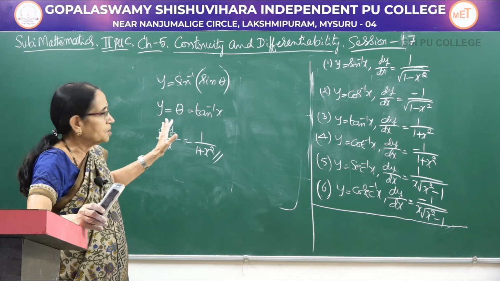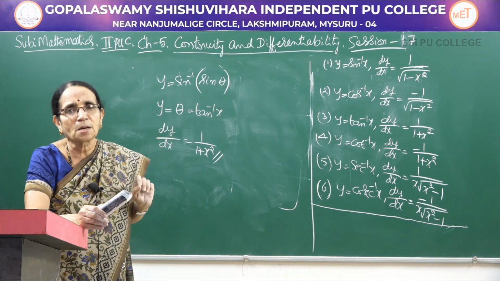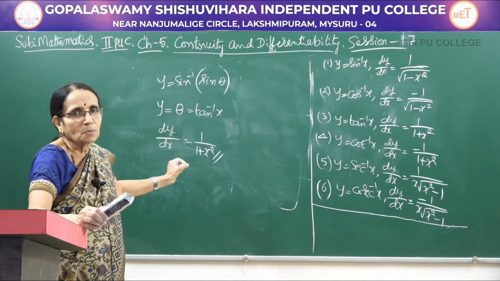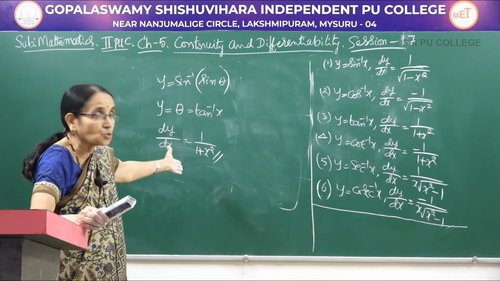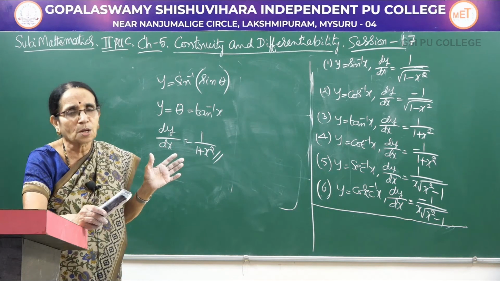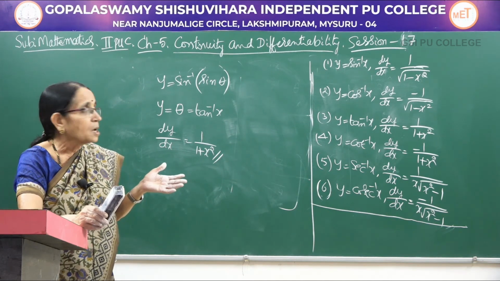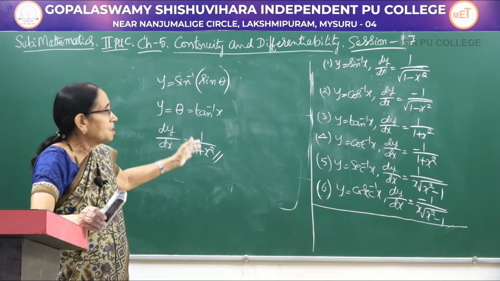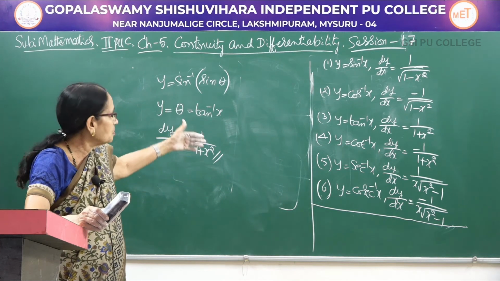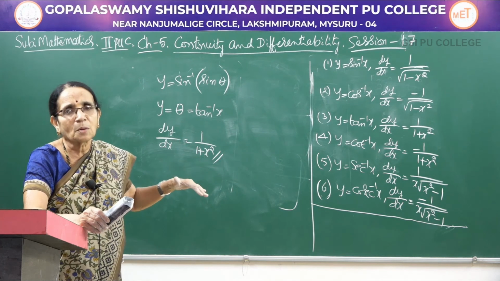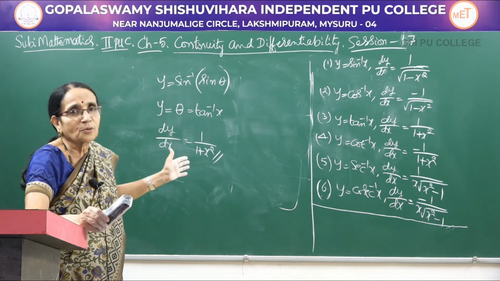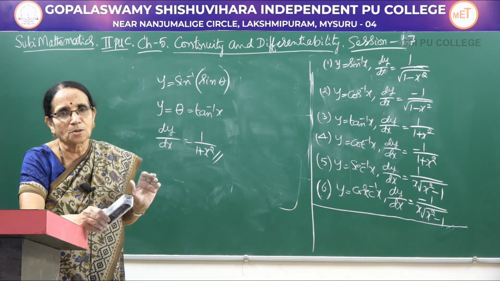Here what I am doing is, I am simplifying the function itself so that the differentiation becomes easier within 1 or 2 steps. If you had not done the simplification, the differentiation takes too many steps here, and there are chances of committing mistakes while differentiating a composite function.